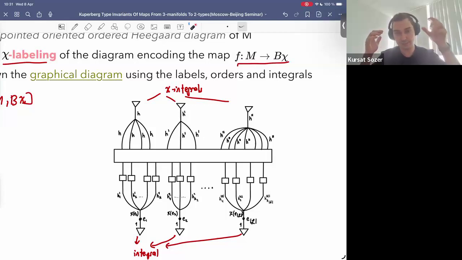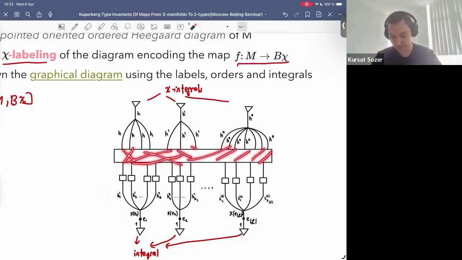You can fix the upper circles first and then count intersection points for each upper circle. This is the top part. Or you can fix the lower circles first and then count the intersections for each lower circle with upper circles. And this is this part. So there is a unique symmetric group element on the number of intersections of upper circles and lower circles that relates these intersections, these strands.